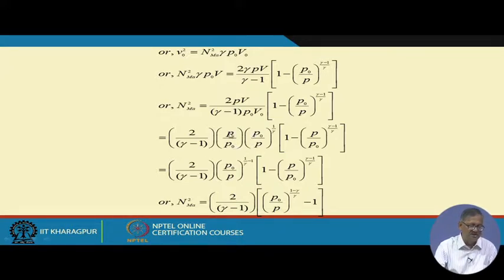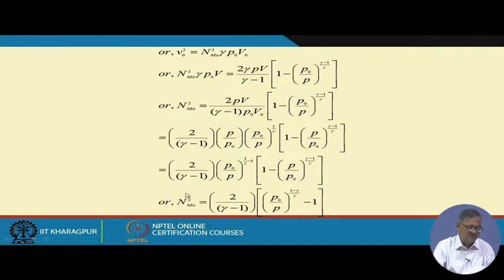If we take the inverse, it becomes 1 by gamma minus 1 times P0 by P. This can be written as P0 by P to the power minus 1, so that minus 1 goes into the exponent. So this is P0 by P to the power 1 by gamma minus 1, into 1 minus P by P0 to the power gamma minus 1 by gamma.